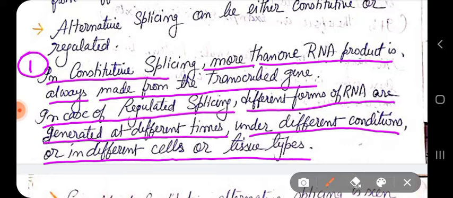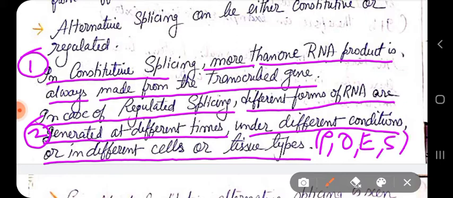But in regulated splicing, different forms of RNA will be generated at different times under different conditions, or in different cells or tissue types. That means it is fully controlled by the promoter, the operator, the enhancer, the silencer, the activator and repressors.